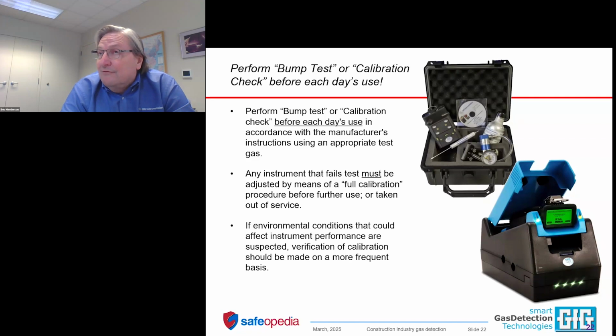If the alarms are activated, you know that the sensors are alive. You don't know how accurate the readings are, but you know that the sensors are capable of responding to gas. So that's the most qualitative method of ensuring that the instrument is fit for use on a given day.